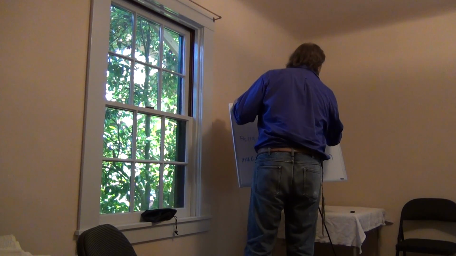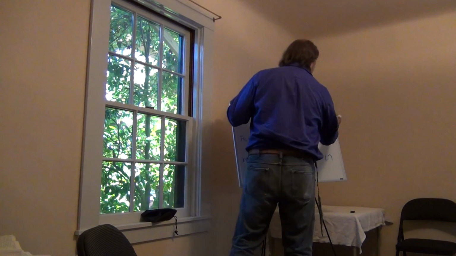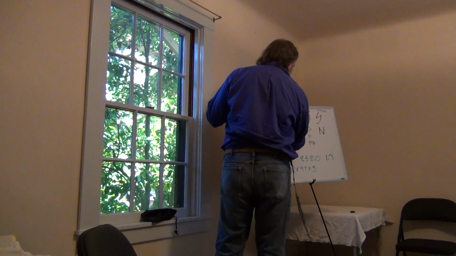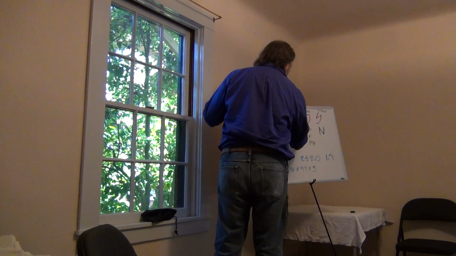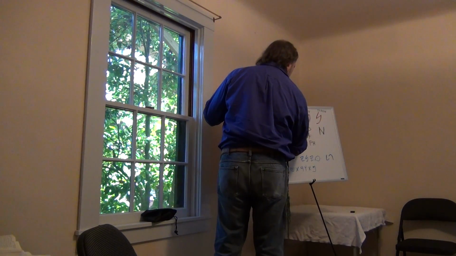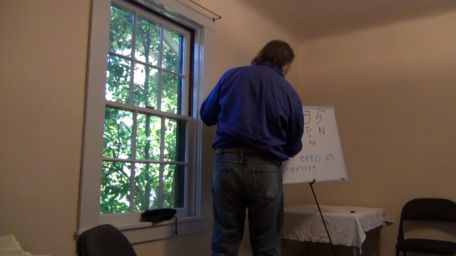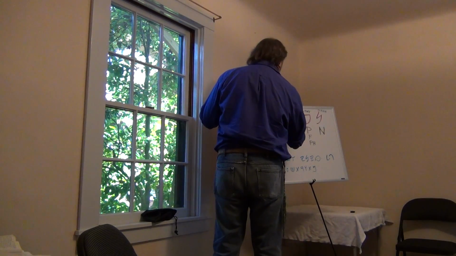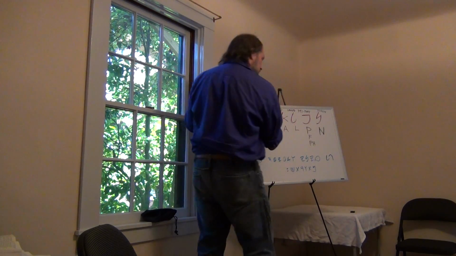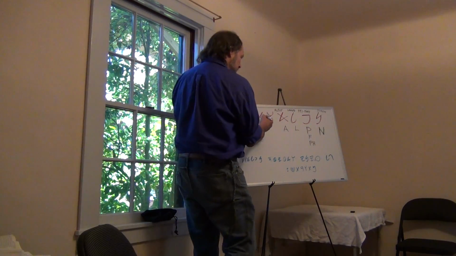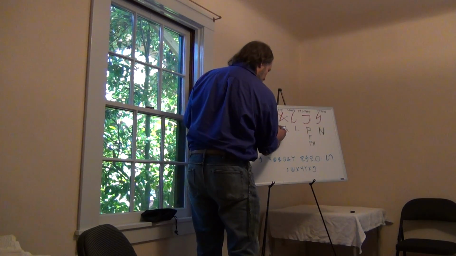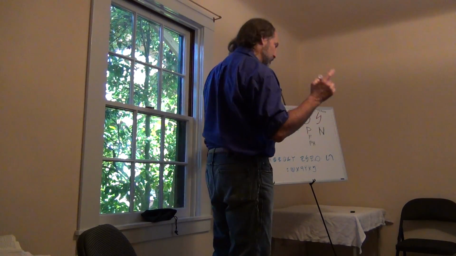This is the letter Nun. This is the letter Lamed, which is our letter L. This is our letter A, which is Aleph. The letter Vav is the sixth letter in our language.